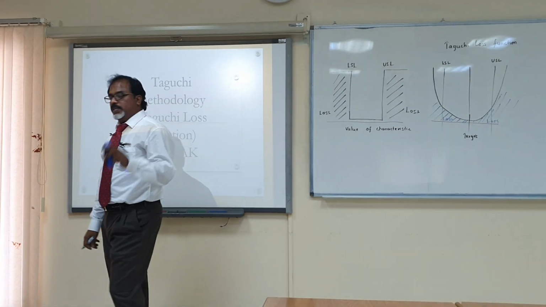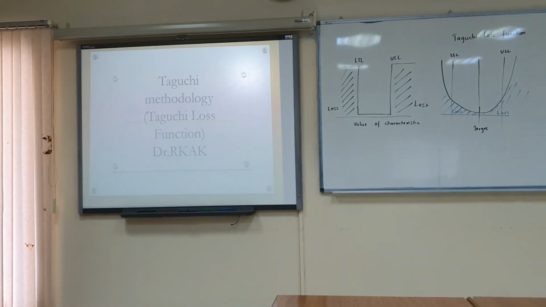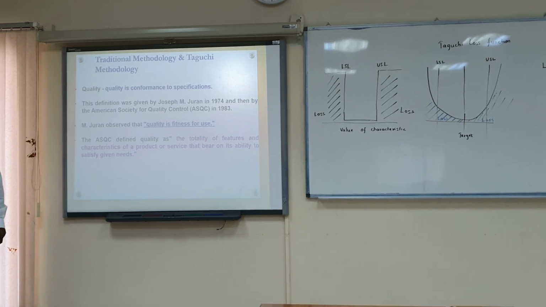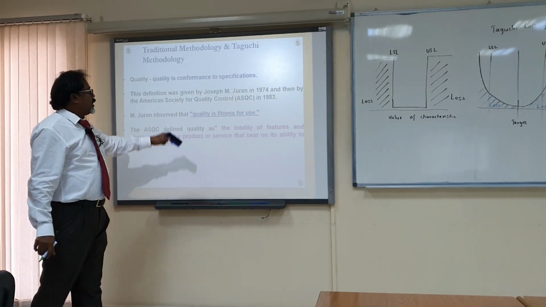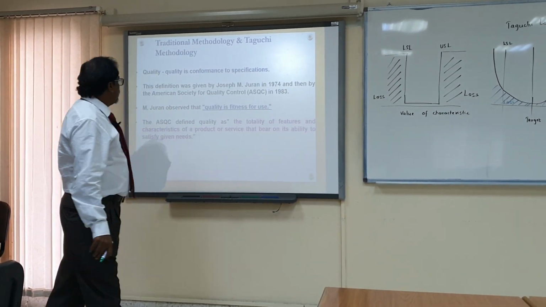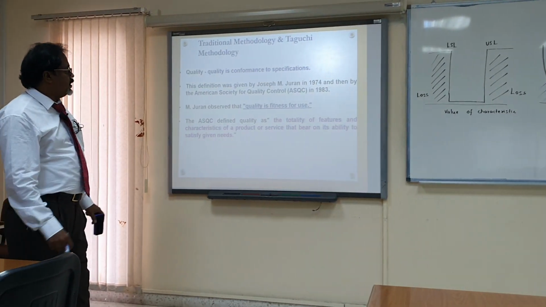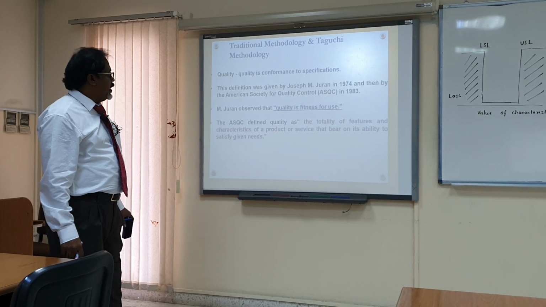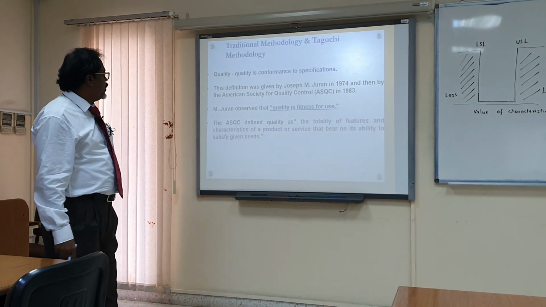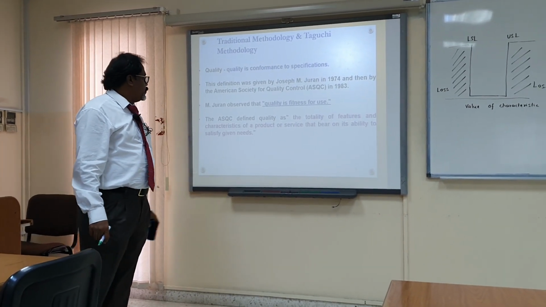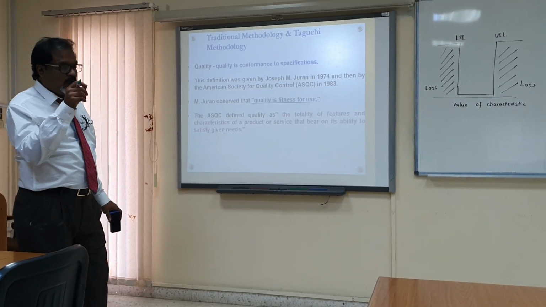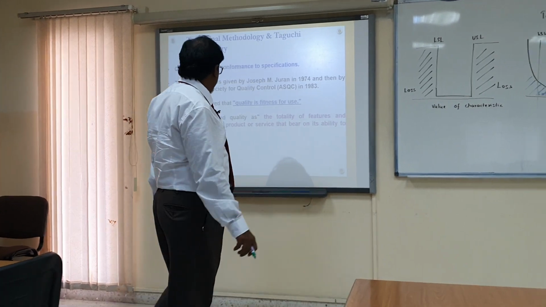Before we see the Taguchi loss function, we will see something about quality. You see here, quality is conformance to specifications. This definition was given by Juran in 1974, and the approval for this, quality as conformance to specification, was given by the American Society for Quality Control in 1983.